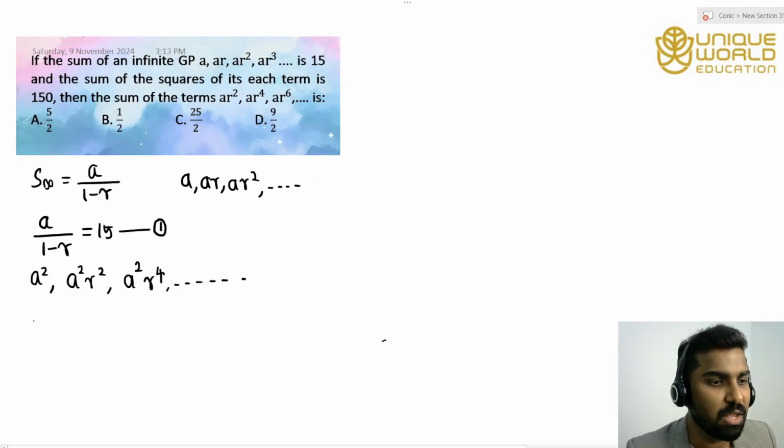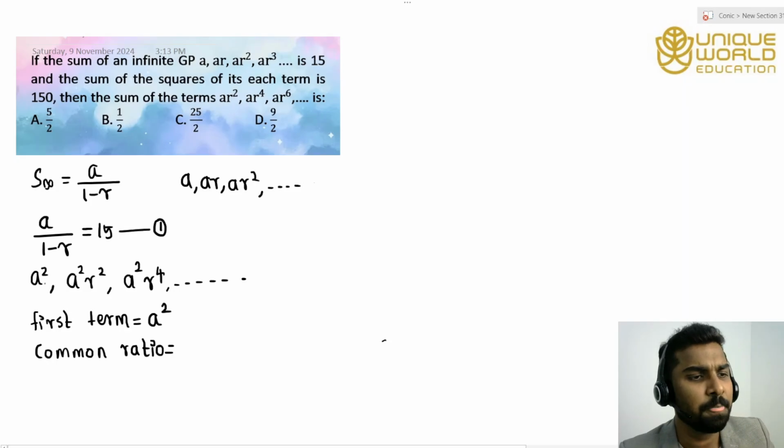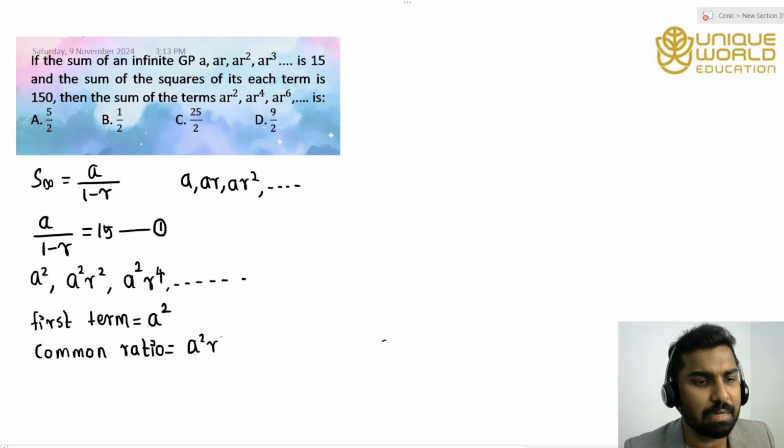How will I write the sum of this GP? Here the first term is not a. In this second part, the first term is a square. And what about the common ratio? The common ratio equals the second term divided by the first term. From a square to a square r square, we are multiplying by r square, or you can divide the second term by the first term: a square r square divided by a square gives r square.